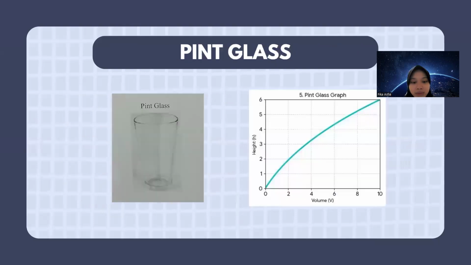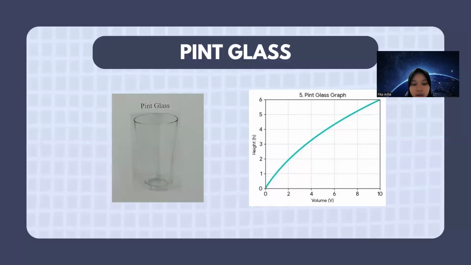Next, fifth, let's look at the pint glass. This is a plain pint glass. Unlike the conical flask, a pint glass flares outward. It is narrow at the base and gets wider toward the top.